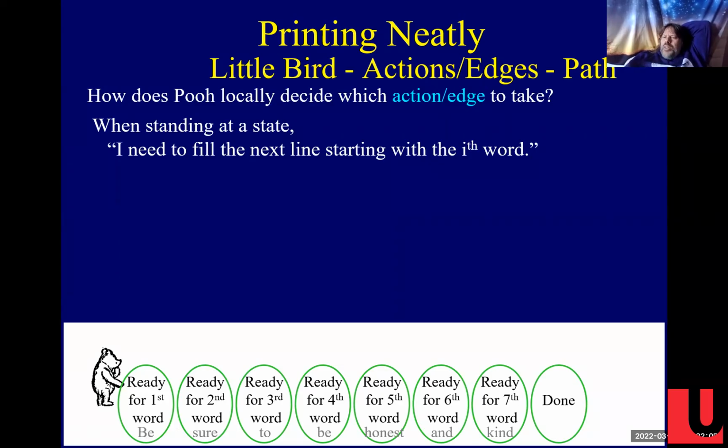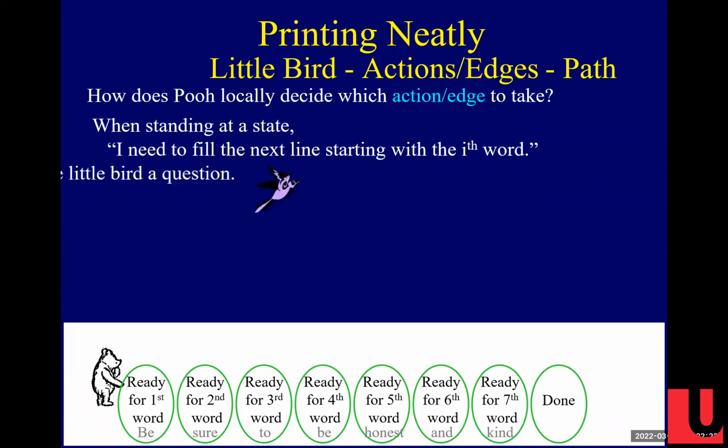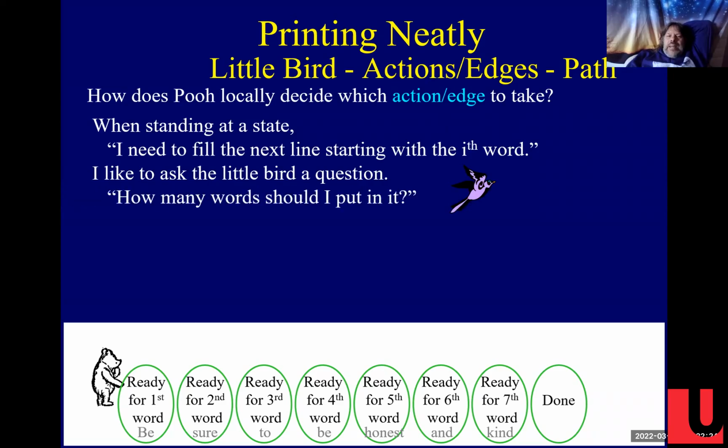What are the possible actions that he should take? If he wants to fill the whole line in, what does he need to know? The number of words that we put on there. Exactly. We ask the bird, how many words do I put in the next line? That's all he needs to know. He has to decide how many words to put on the next line.